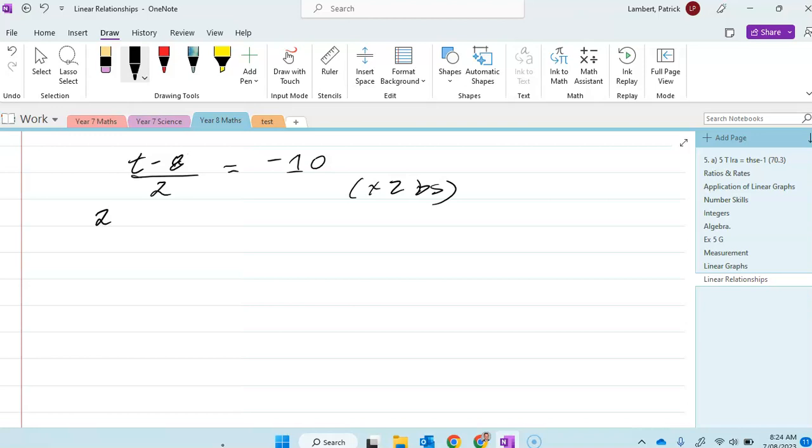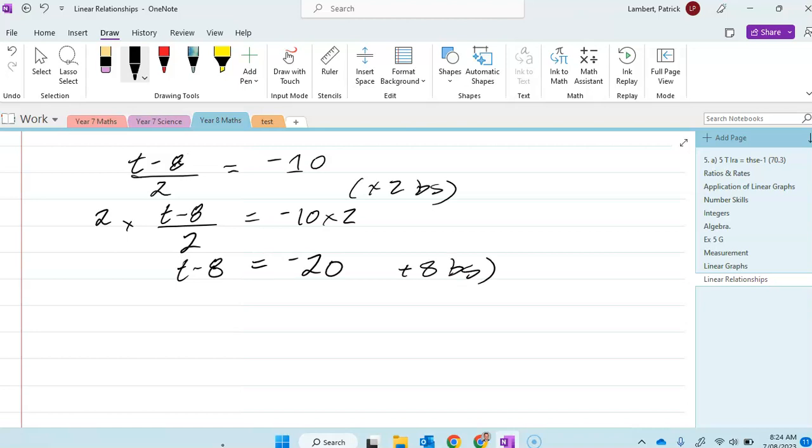So we've got 2 times t minus 8 over 2 equals negative 10 times 2. So we've got t minus 8 equals negative 20. So that's plus 8 both sides. So you've got t equals negative 12.